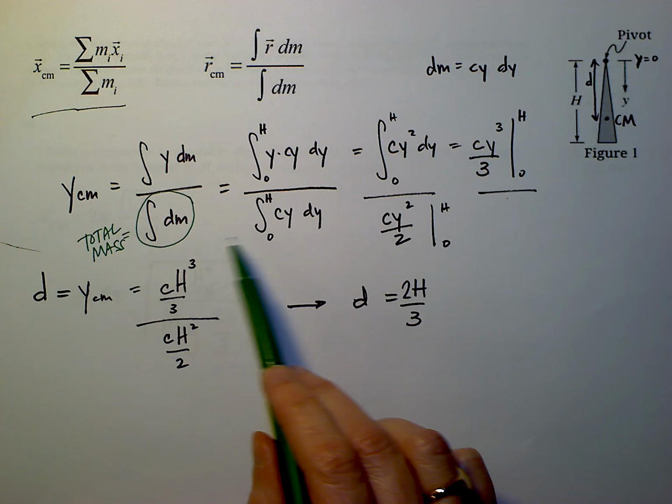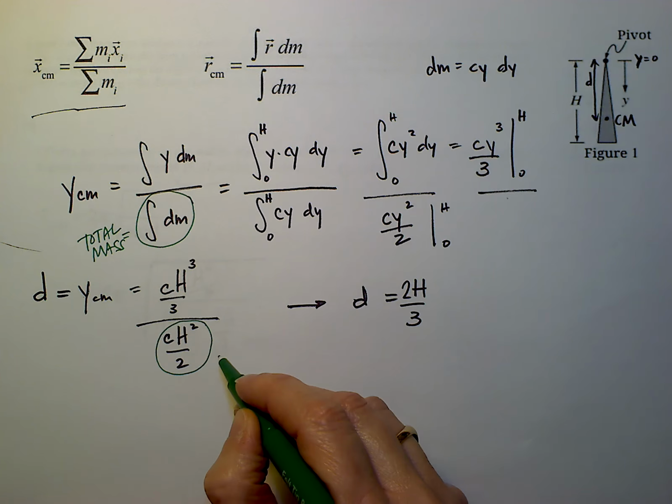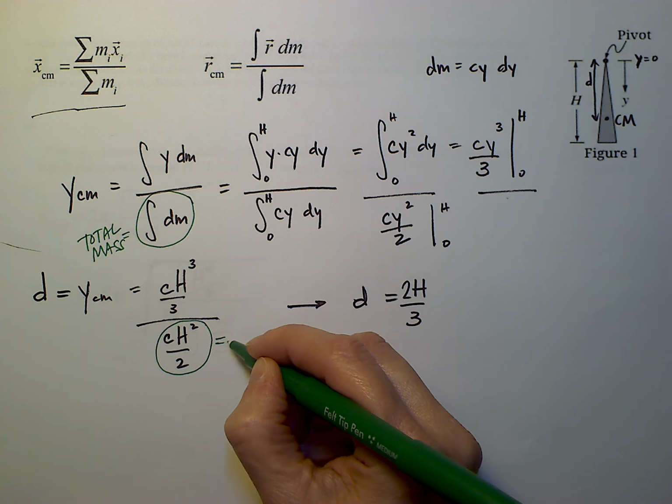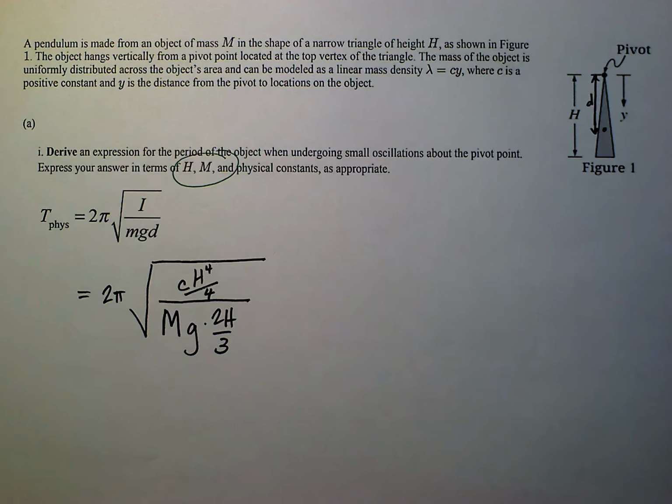So when we worked our way through here and got to this expression, this is equal to the total mass. So what I'm going to do is make a quick change and put this expression in there for my value of mass. So let's do that here.